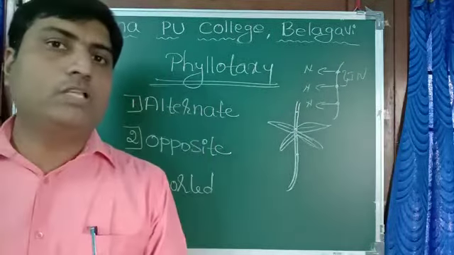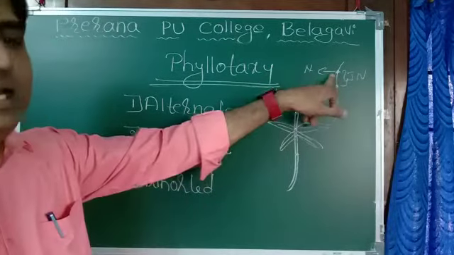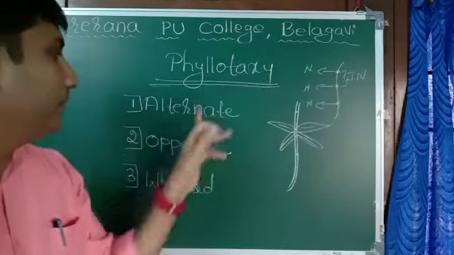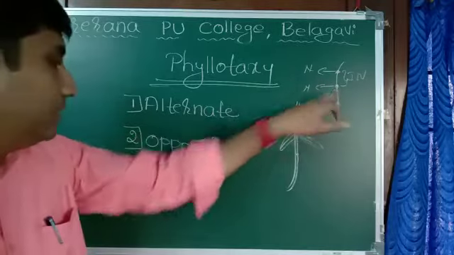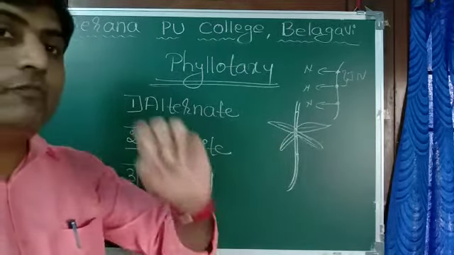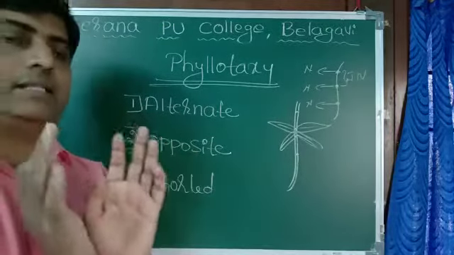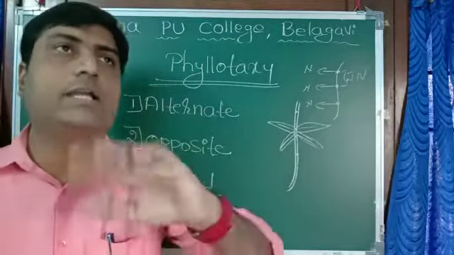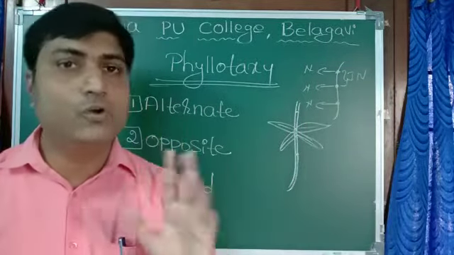So in alternate, one leaf at each node, alternately. Opposite, two leaves at each node in opposite direction. Whorl, more than two leaves at each node. And it is spread like this. So the purpose of phyllotaxy, as I told you earlier, is only to expose each and every leaf to sunlight.